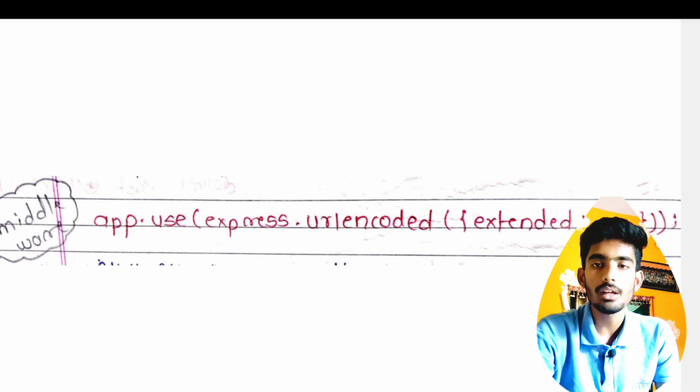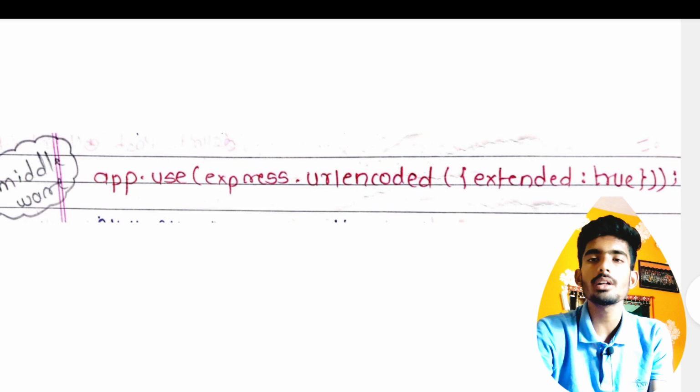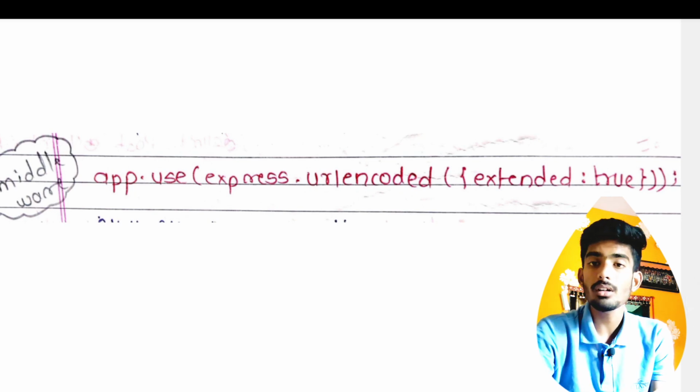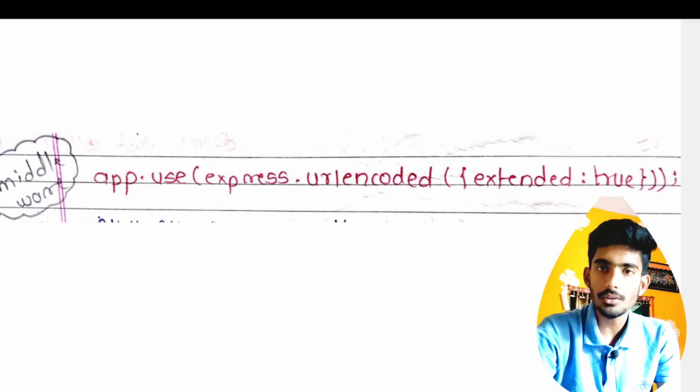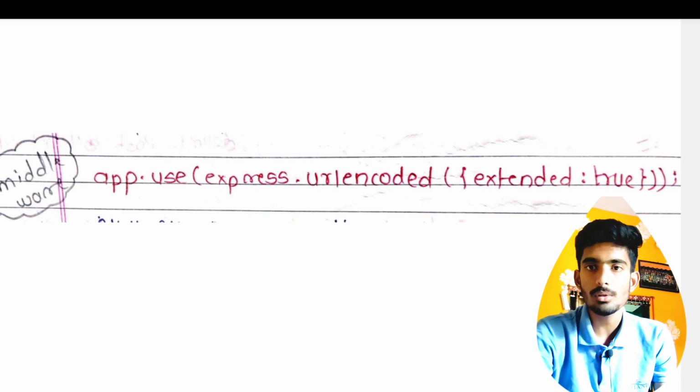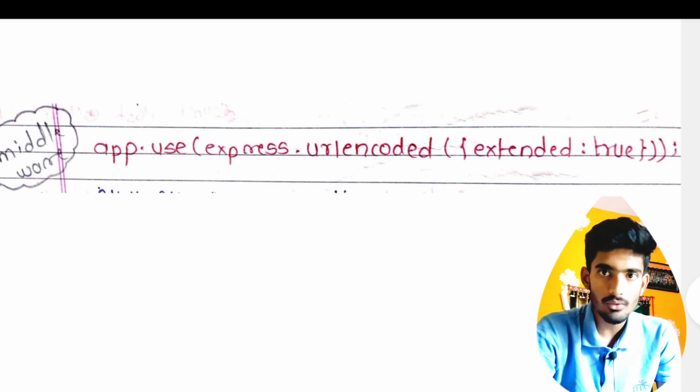And now the next is app.use(express.urlencoded({extended: true})). What is the meaning of this particular line? This is nothing but middleware. In a GET request, the data is always in JSON or object form. But if you are using a POST request, then data can be in JSON form and also in any other form.